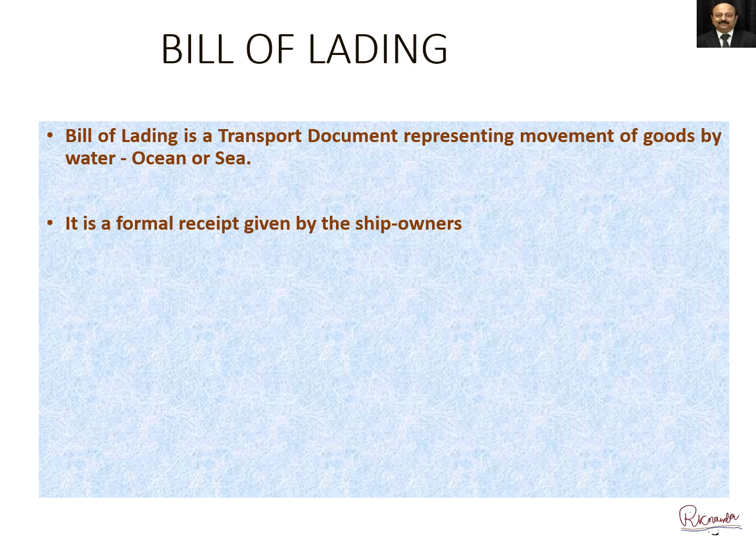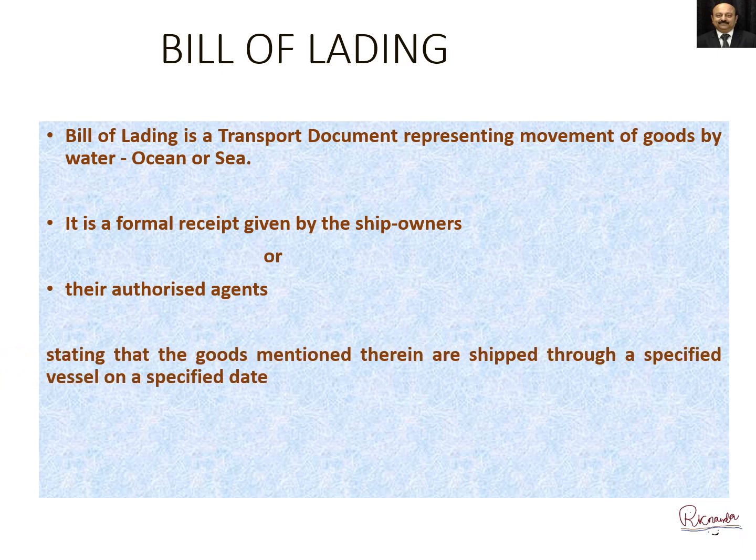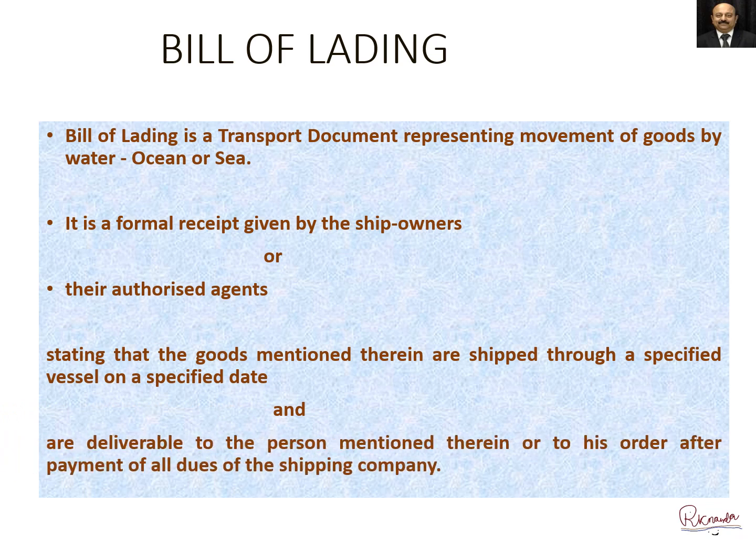It is a formal receipt given by the ship owners or their authorized agents stating that the goods mentioned therein are shipped through a specific vessel on a specified date. So the vessel also needs to be specified, which means the name of the ship, and these goods are deliverable to the person mentioned therein, which means the name of the person should be mentioned on the bill of lading, or to his order, which means it can even be made transferable to another person.